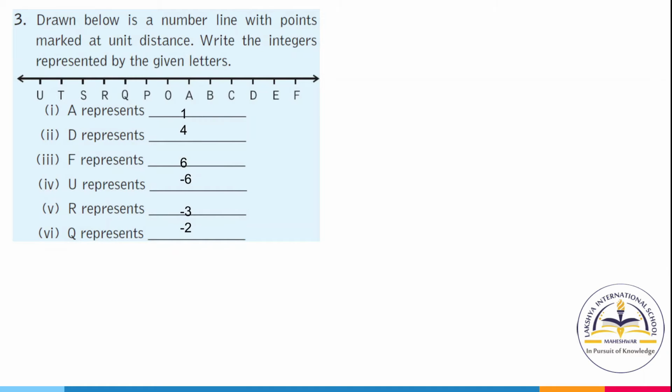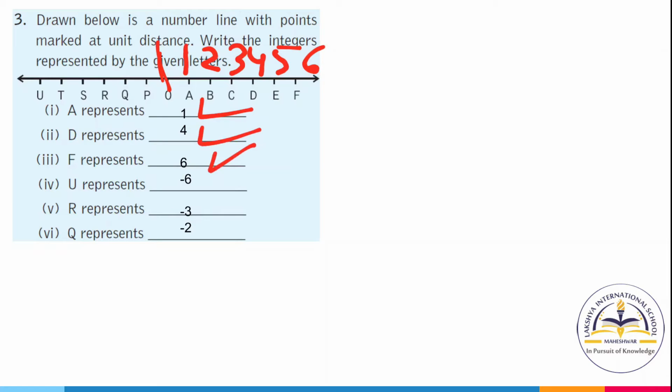Now question number 3, drawn below is a number line with points marked at unit distance. Write the integer represented by the given letters. Here 0 is here, so at A it is 1, B it is 2, C 3, D 4, E 5 and F it is 6. So A represents 1, D represents 4, F represents 6.